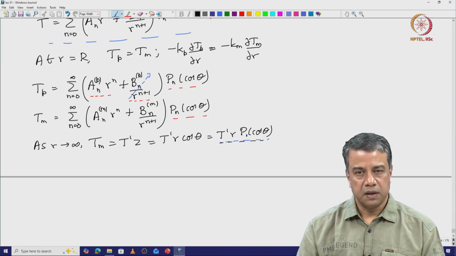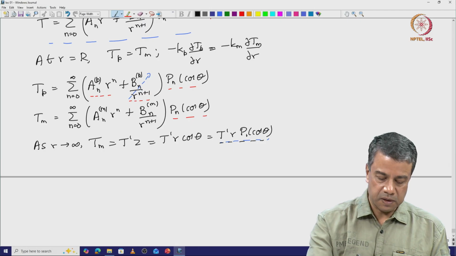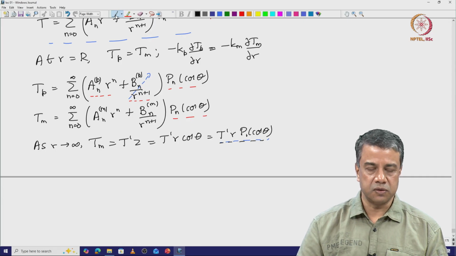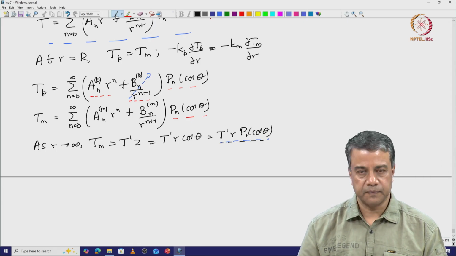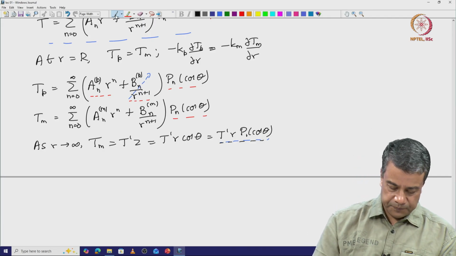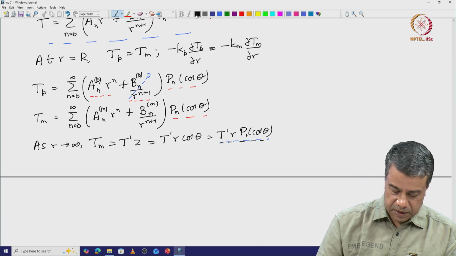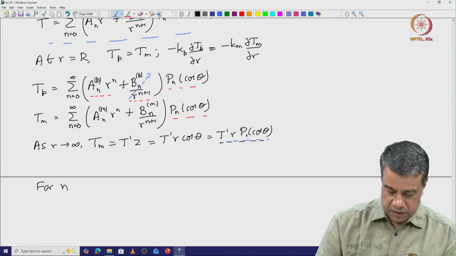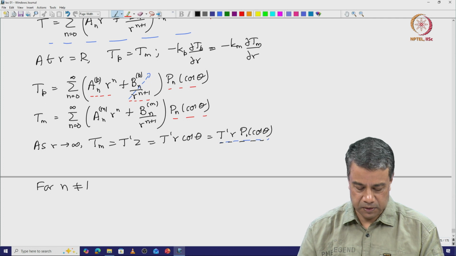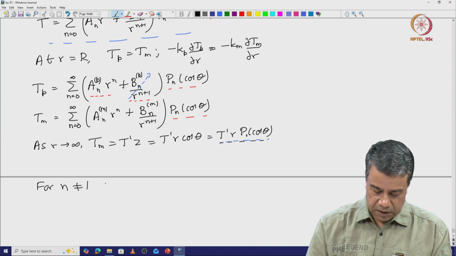Because the Legendre polynomials are all orthogonal to each other, that means that the only solution is the solution for P1. So, let us take the case where n is not equal to 1.